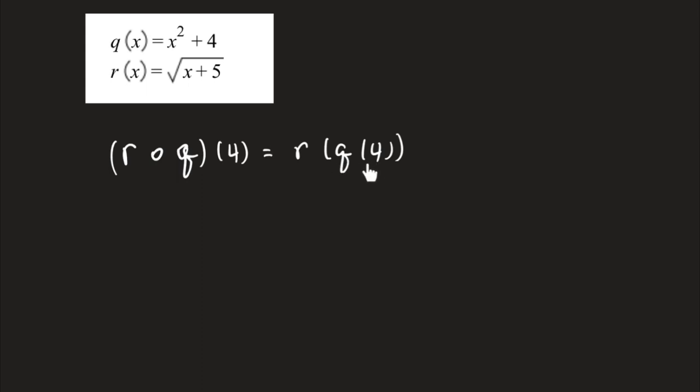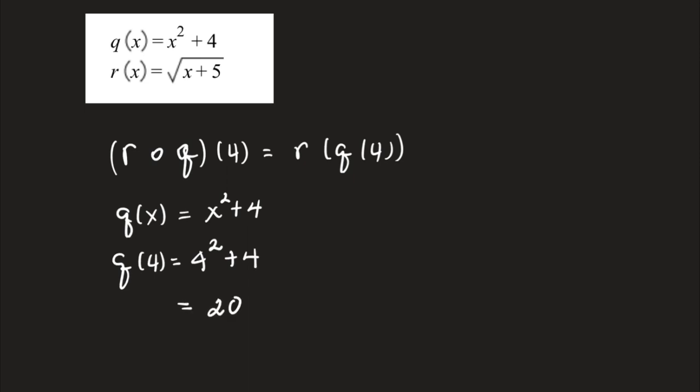That's q of 4. Recognizing that q of x is equal to x squared plus 4, therefore q of 4 is 4 squared plus 4, which is 16 plus 4, or 20. So now we can rewrite this as r of 20, because I've replaced q of 4 with 20.